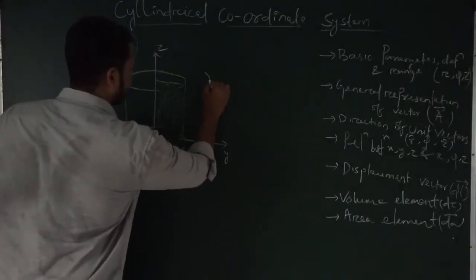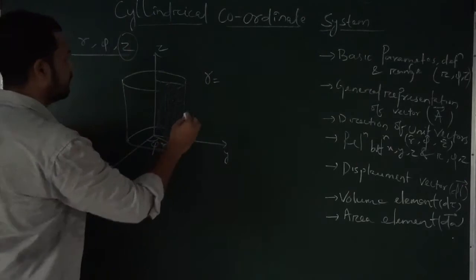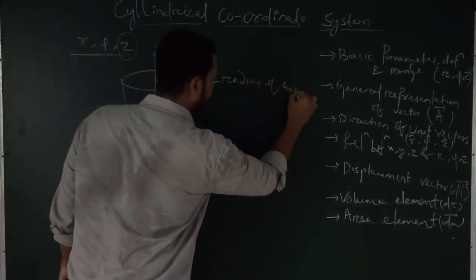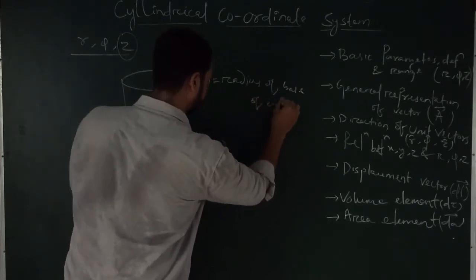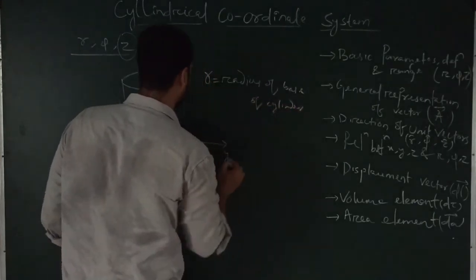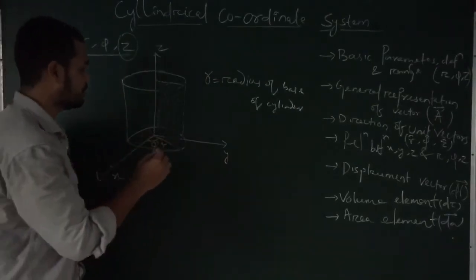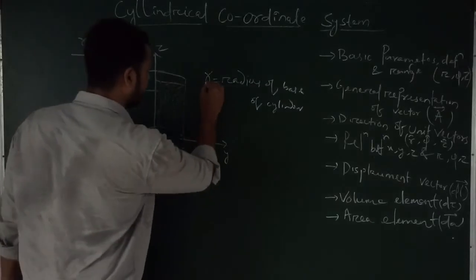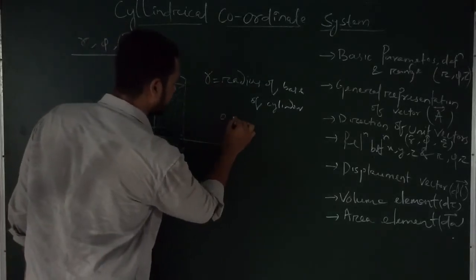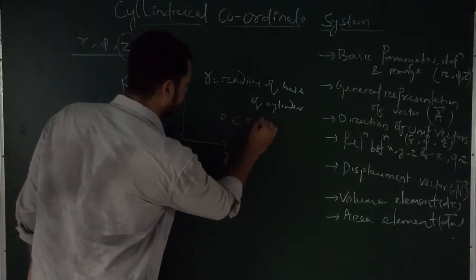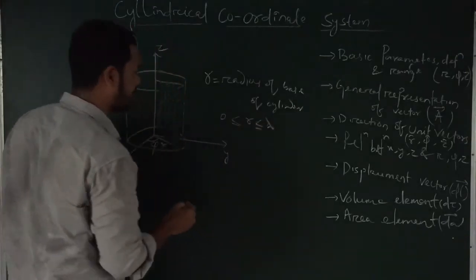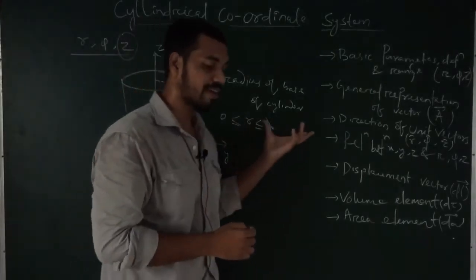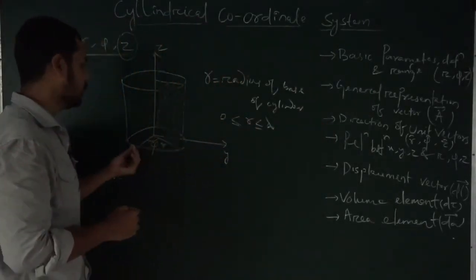First of all, r represents the radius of the base of the cylinder. The range of r is 0 to infinity, because the radius of the cylinder may be very large or may be very small, up to 0.